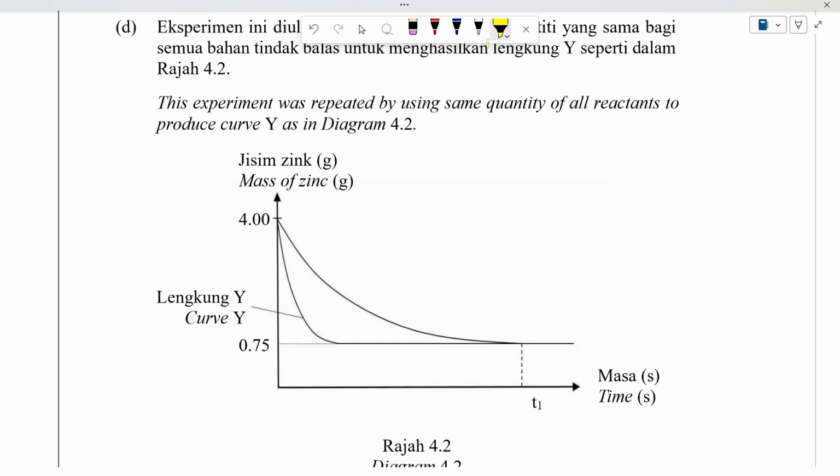Higher. How do you know? Here you see, the time taken is shorter to completely react with the hydrochloric acid. After this time there are no more changes, meaning that it reacts faster, higher rate of reaction.